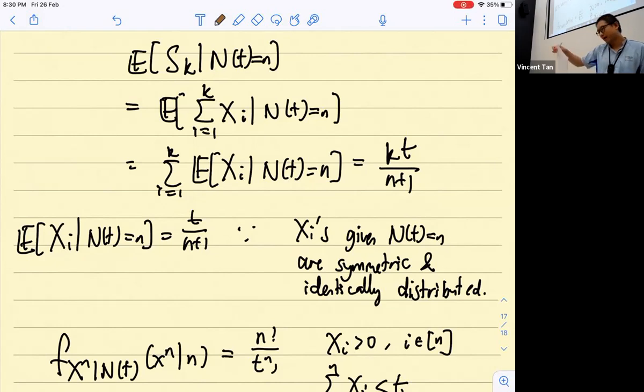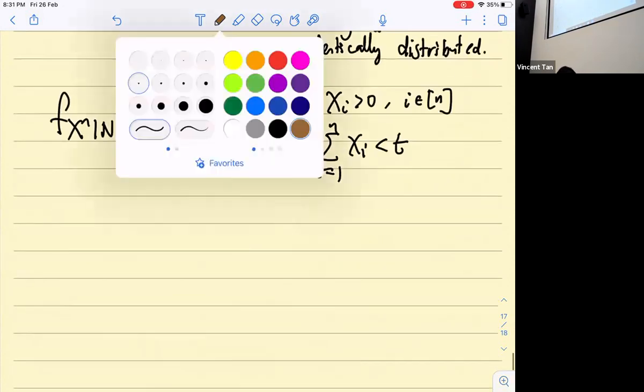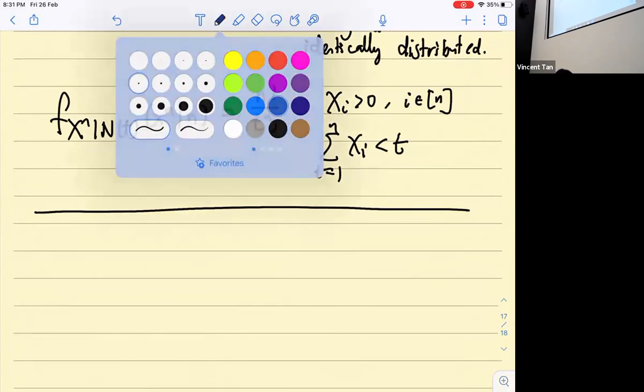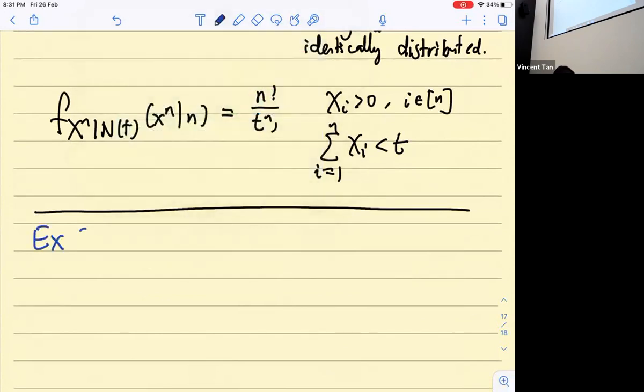All right, so now I want to do a question. I come to the end of the discussion of Poisson processes. So that's all the material. I wanted to do an example question for you to show you that this is quite interesting. We have already done something like this just now. This is exercise 2.18 of Gallager's book.